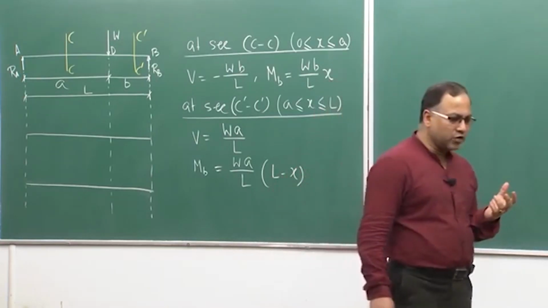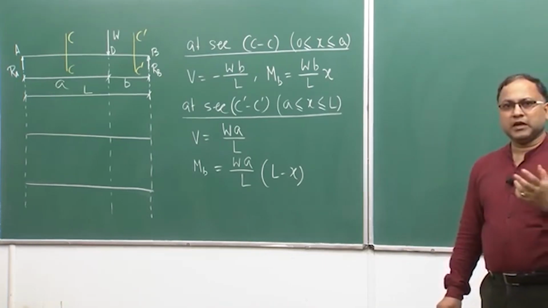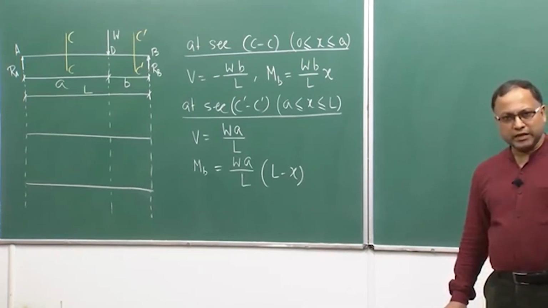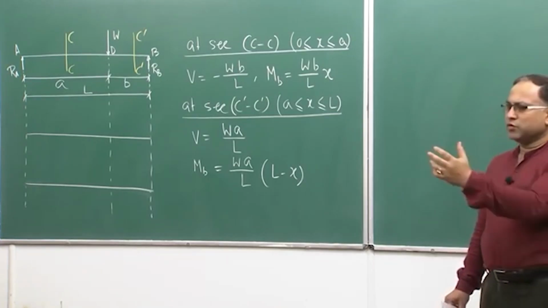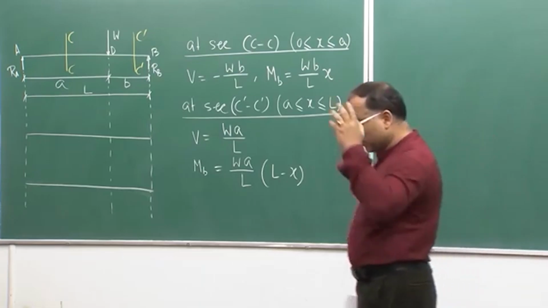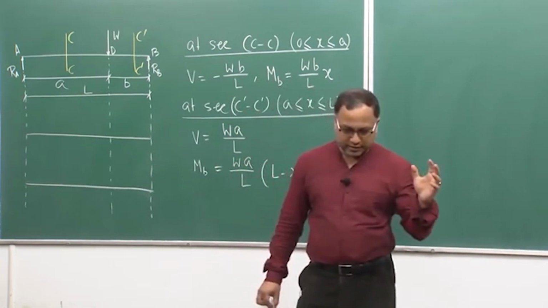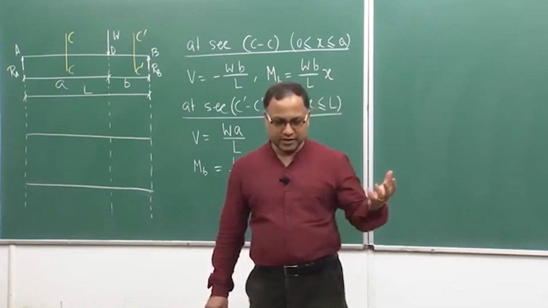If you try to plot the shear force, with shear force along the y axis and along the x axis, x axis means the beam is spanning in the x direction, right.